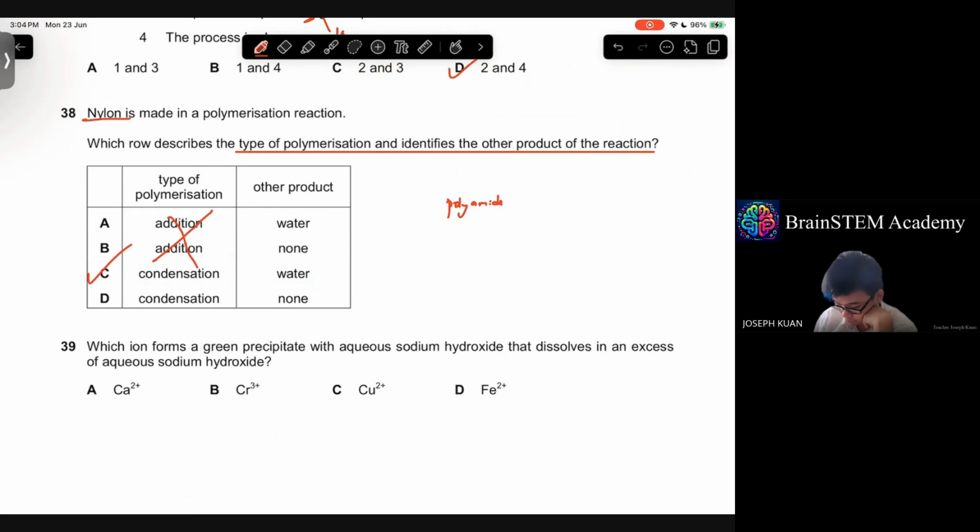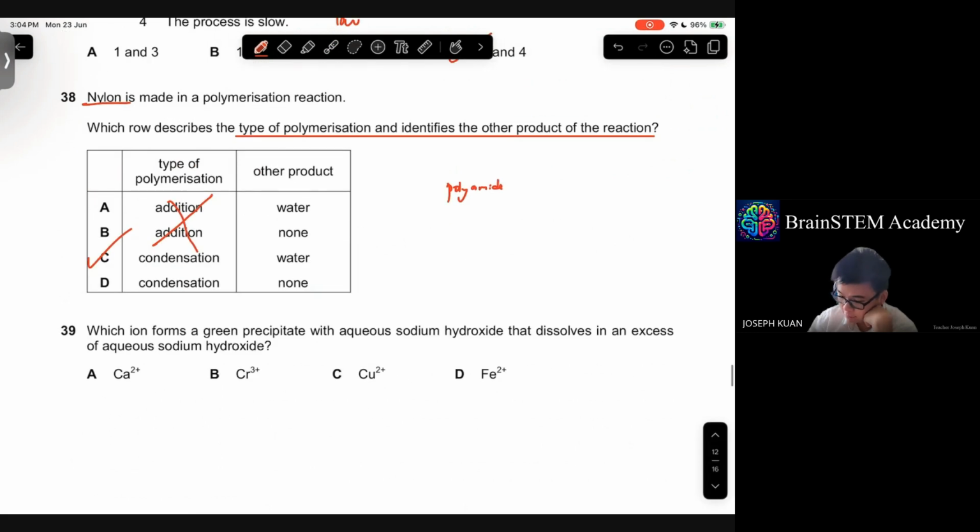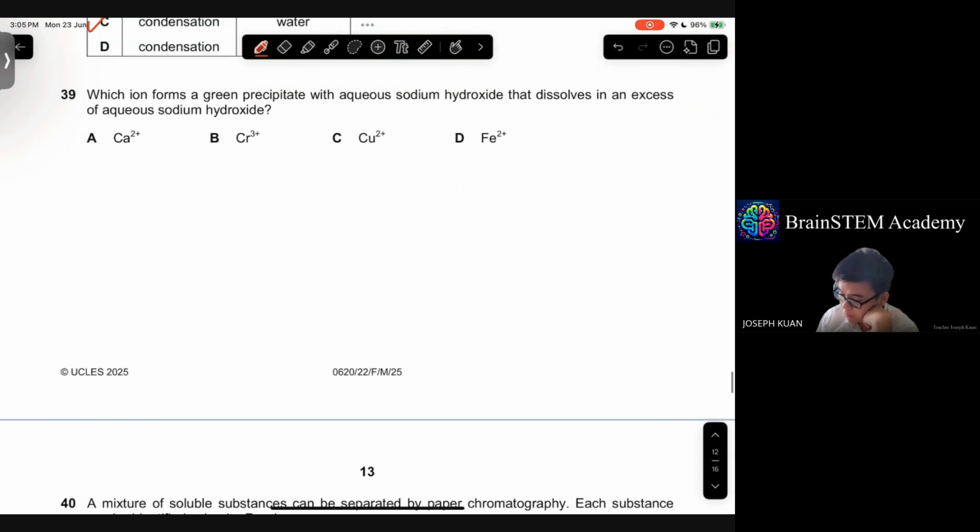So let's move on to question 39. Which ion forms a green precipitate with aqueous sodium hydroxide and dissolves in excess sodium hydroxide? So when hydroxide ions are liberated by sodium hydroxide, they can react with metal cations to form an insoluble metal hydroxide precipitate.